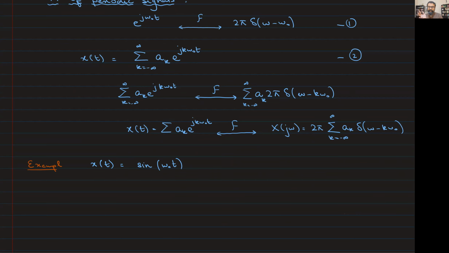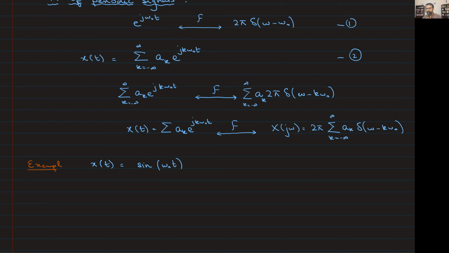The first thing is sine omega naught t is a periodic signal, and since it's a periodic signal, it is not absolutely integrable. We know that the Fourier transform is not going to converge either. But in this particular case, we can represent the Fourier transform in the form of impulses, and that gives us a tool to specify the Fourier transform of this periodic signal in terms of impulses.